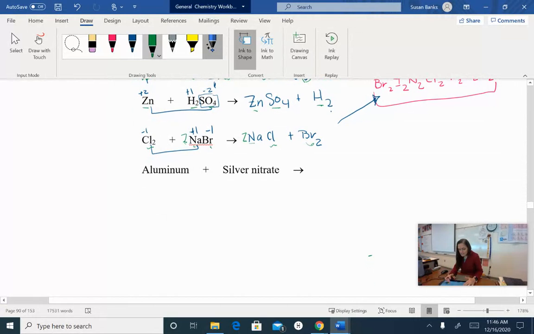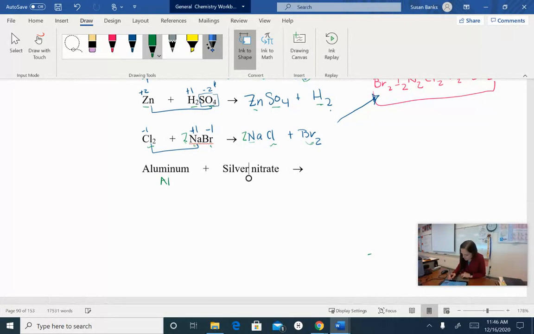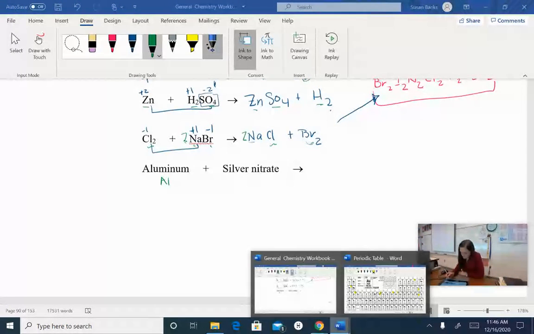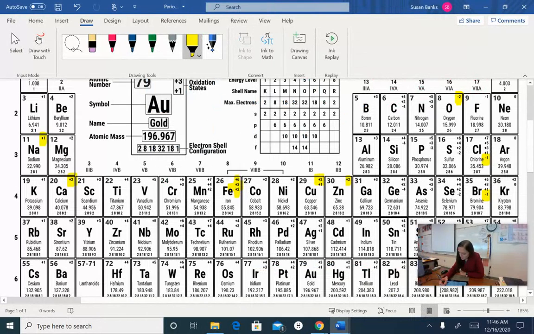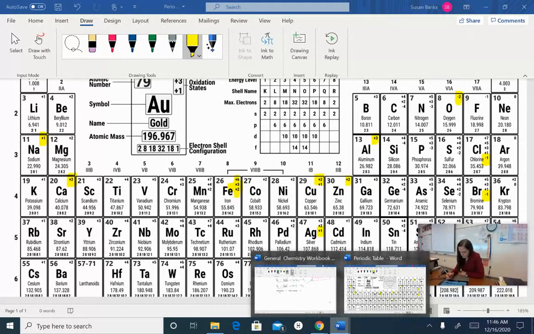All right, next, aluminum with silver nitrate. So aluminum, let's look at our periodic table. Aluminum has a +3 charge. Silver usually has a +1 charge, so I'm going to call it +1.